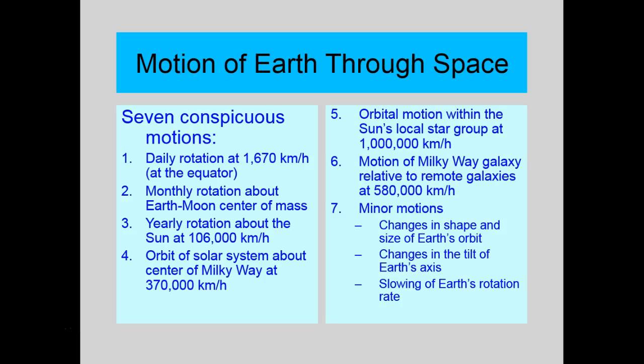Changes in the tilt of the Earth's axis, that's the one that's incredibly slow. Okay, it's the one we mentioned before on the other slide. Now, here's another one. We seem to be slowing ever so slightly in our rotation rate.